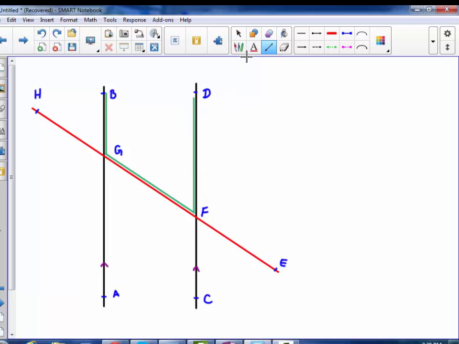It has a C pattern. That means this angle and this angle are not equal. Be careful, they are supplementary. Why are they not equal? As you can see, how can I say that obtuse angle G equals acute angle F? Impossible. But they are supplementary. Their total is equal to 180 degrees.